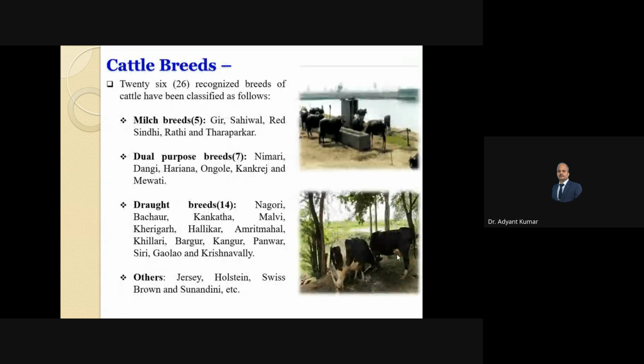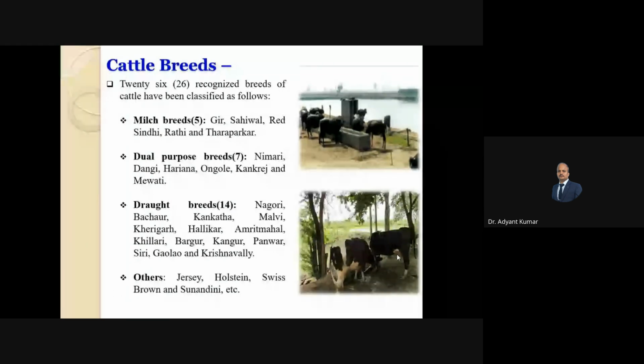There are various cattle breeds: milch breeds Gir, Sahiwal, Red Sindhi, Rathi, Tharparkar; dual purpose breeds Nimadi, Dangi, Haryana, Ongole, Kankrej, Mewati; and draught purpose.